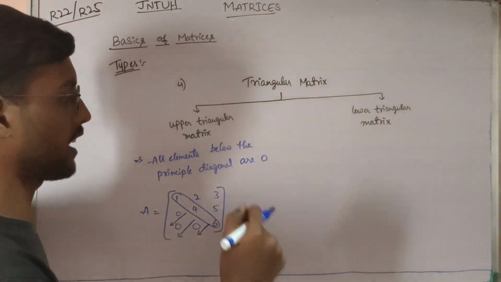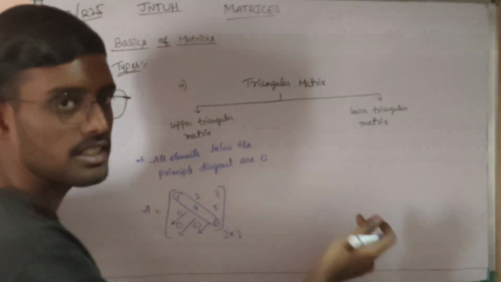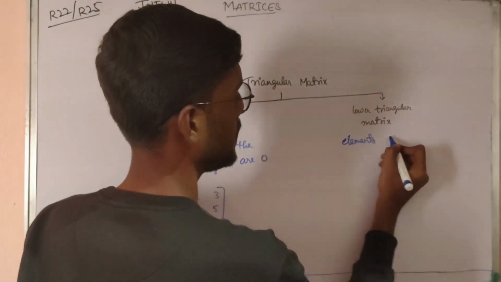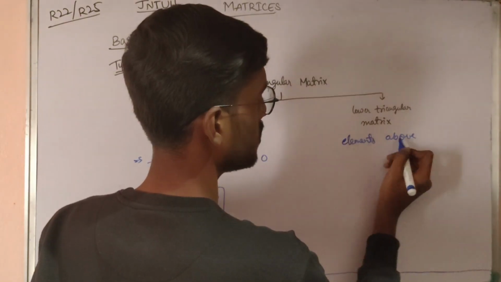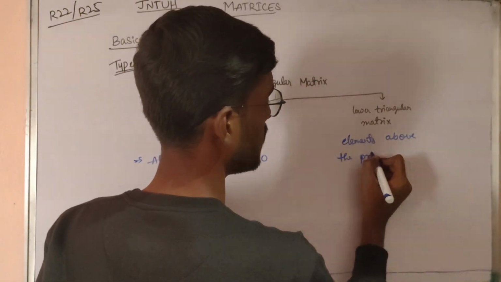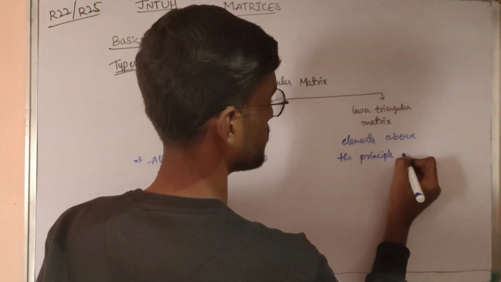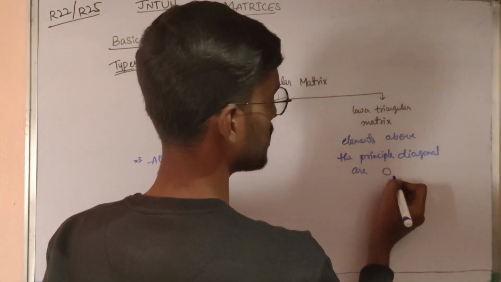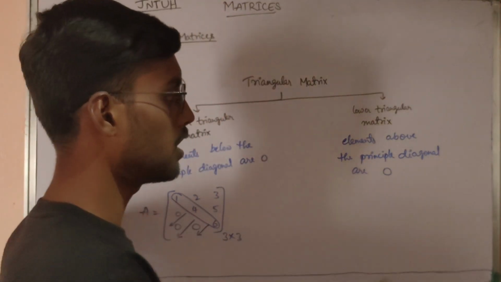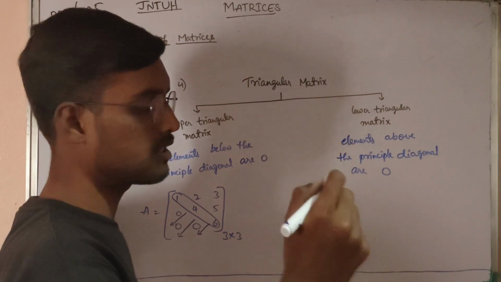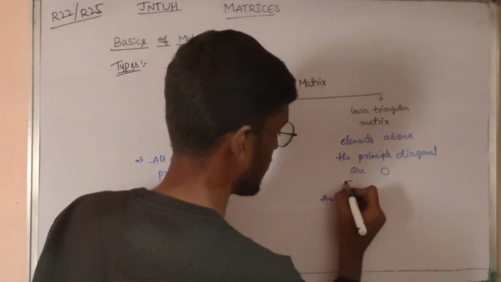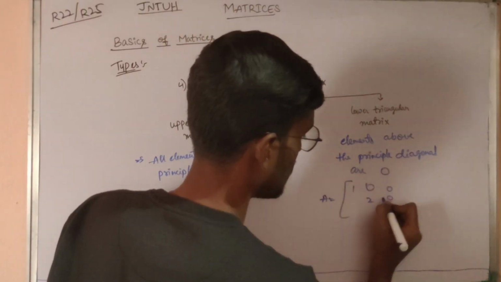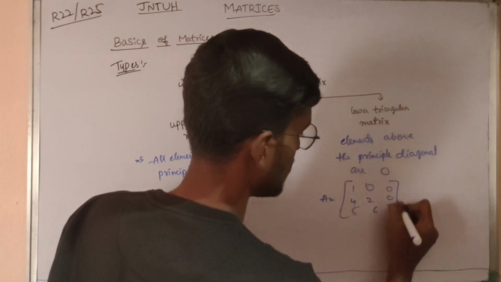Coming to the lower triangular matrix, in contrast, the elements above the principal diagonal are 0. It should be 0. Let us take an example matrix A: 1, 2, 3, 4, 5, 6, 3.